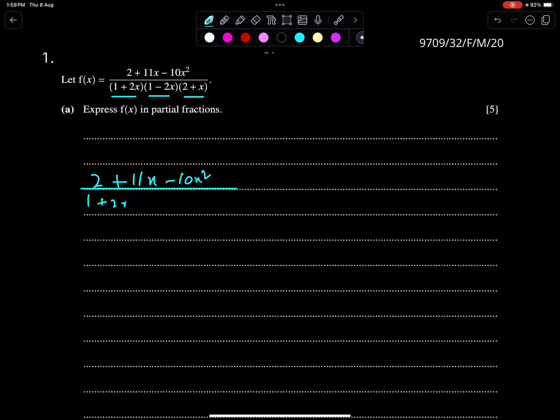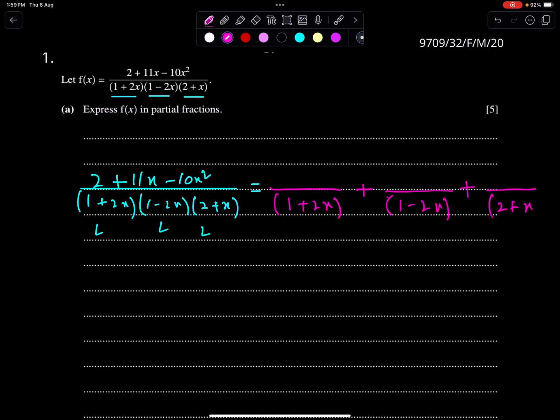We need to split this single fraction into three fractions because there are three linear factors. So 1 plus 2x, 1 minus 2x, 2 plus x. Since all factors are linear, so write constants in their numerator.